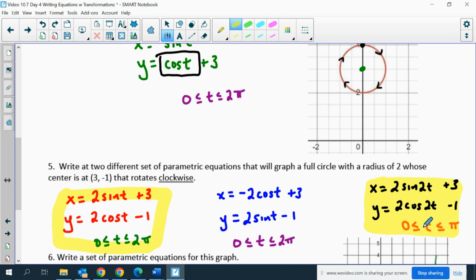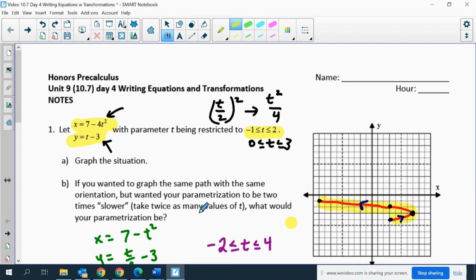So if I put 2t in for the angle instead of t, I can just realize that I'm going twice as fast. If I replaced it with 2 sine 1/2 t plus 3 and 2 cosine 1/2 t minus 1, I would have to go from 0 to 4 pi in order to complete the entire circle. So that's just what we were talking about up front. If I wanted to slow it down or speed it up, I can replace t with t halves or 2t or something like that.